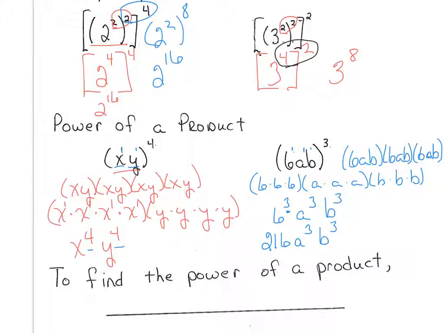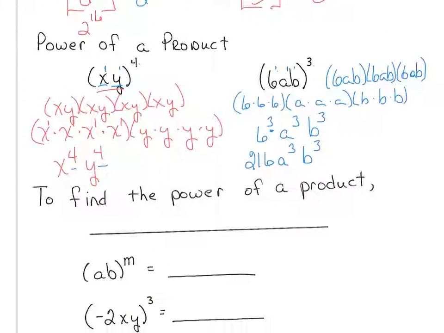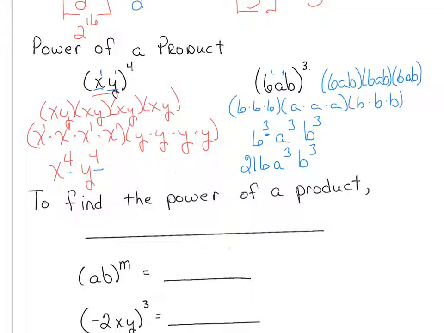So if we want to come up with a simple rule to find the power of a product, we find the power of each factor, and then multiply.